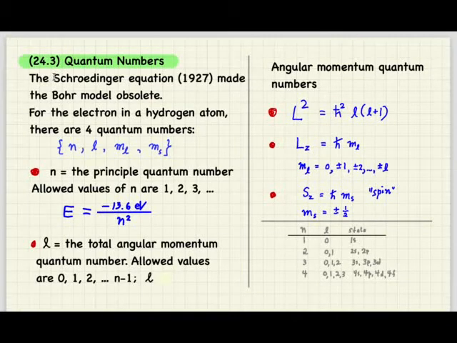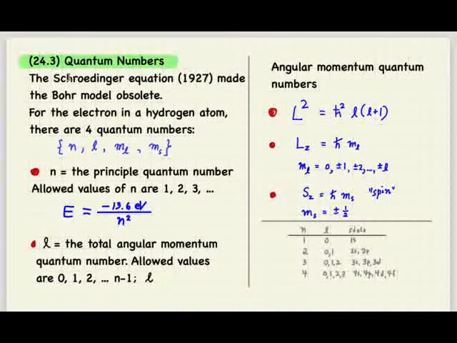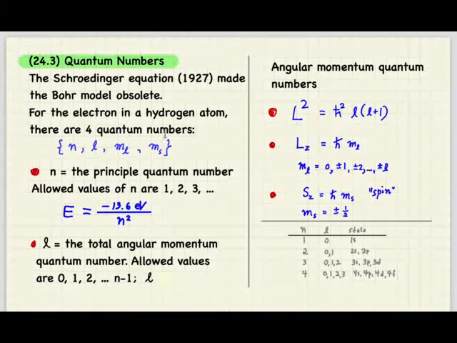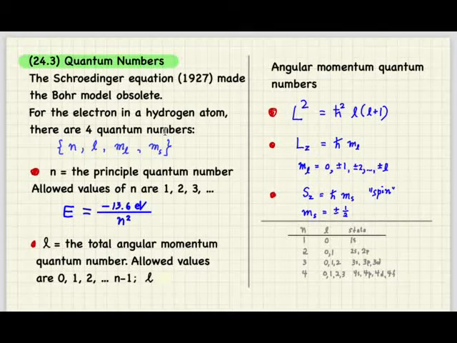The Bohr model only has one quantum number, n, which is related to both angular momentum and energy. But the Schrodinger equation is more complicated because in the Schrodinger equation, the electron is a wave. So in fact, there are three quantum numbers plus one additional quantum number having to do with electron spin.